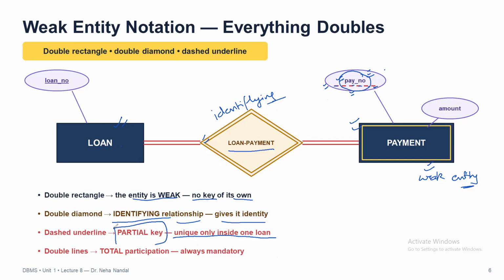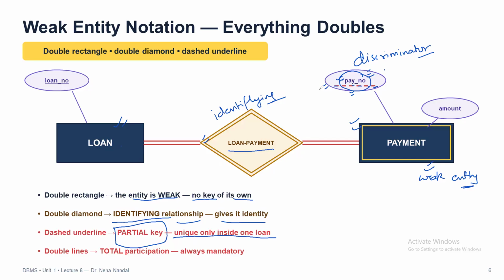Please remember this term. Viva can be like, what is a partial key? It is also called a discriminator. It has a dashed line. It is called a partial key. It depends on the loan. It is unique only inside one loan.